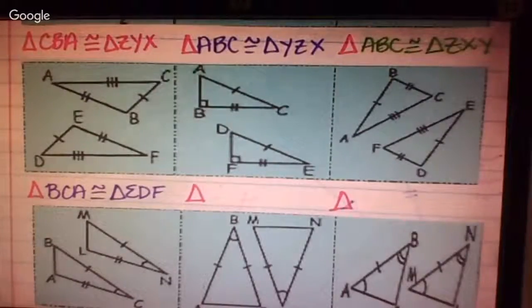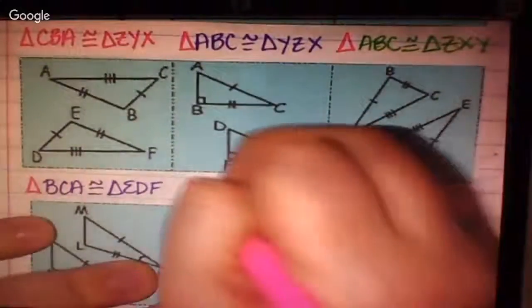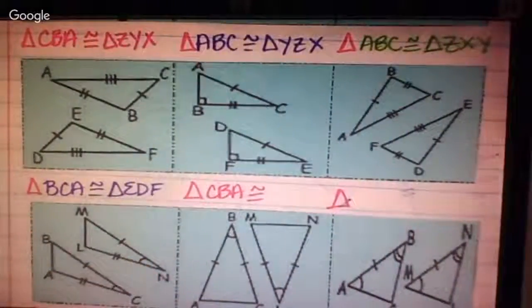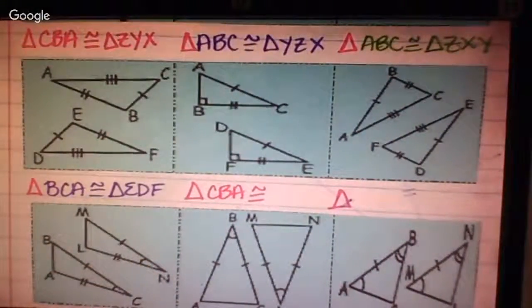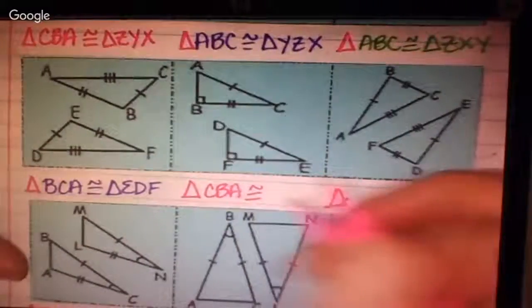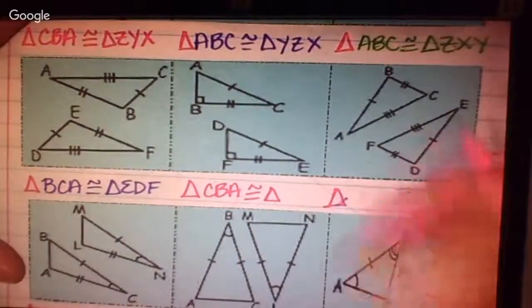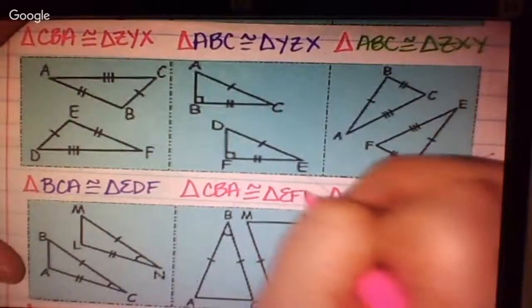Let's see. Jameer, what you got for the next one? CBA, CBA. No, I put BAC. BAC. We're going to go with CBA. Alright, CBA equals EFD. CBA is EFD. You got it.